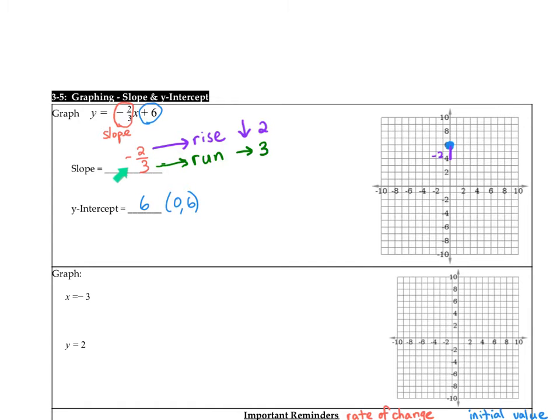One thing that you need to know is this negative is either in the numerator or the denominator, not both. So if it's in the numerator, your rise is negative and your run is positive. If you put the negative in the denominator, your rise is positive and your run is negative. So if the run is positive 3, that means we're now going to go 3 to the right.